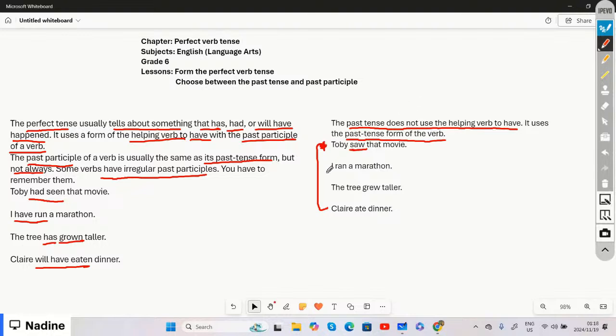All right, the next one says I ran a marathon. We need to identify the past tense form of the verb within that sentence. And if we select our past tense form of the verb within that sentence, I ran a marathon, what do you think the past tense form of the verb would be?